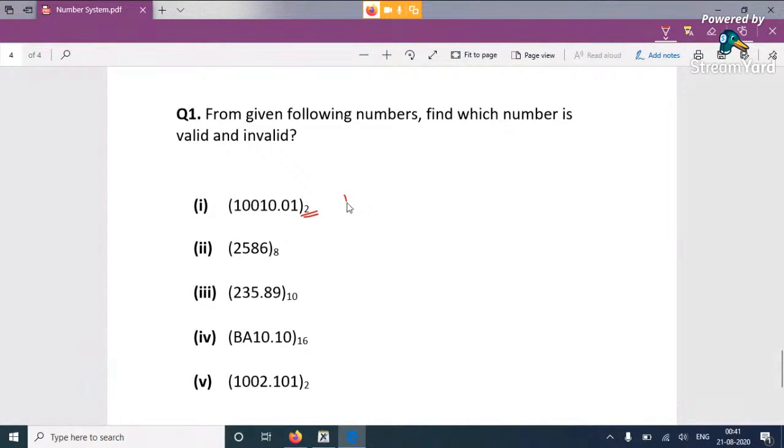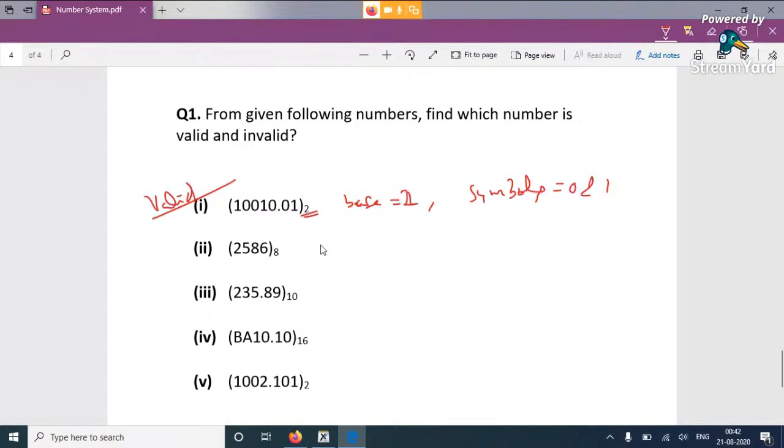In base 2, the symbols we can use are 0 and 1. So the number must consist of these symbols only. Here only 0 and 1 are used, so this is a correct, valid number. This is okay. If you see the second part, the base is 8.